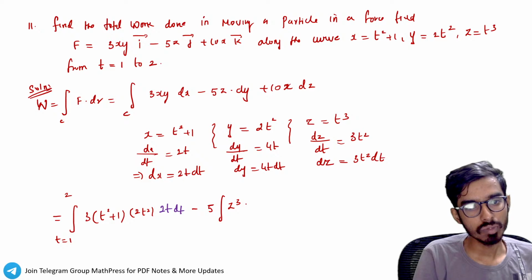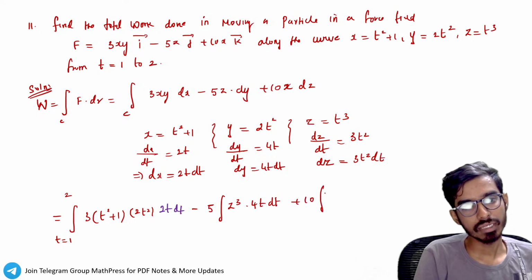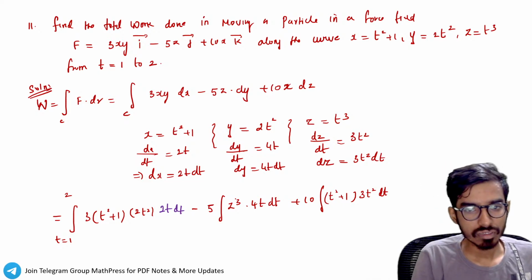Z is t cube and dy is 4t dt, right? Plus 10 times integration of x is t square plus 1, dz is 3t square dt.